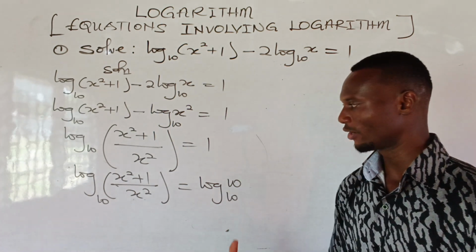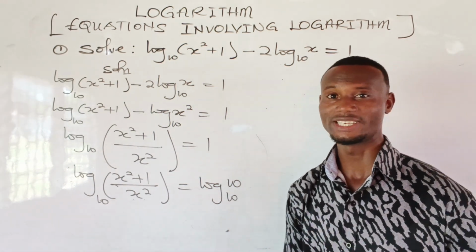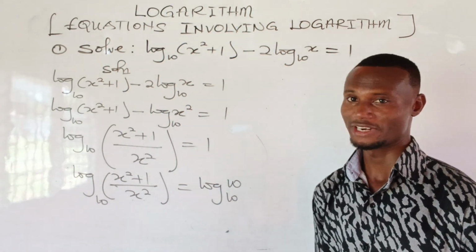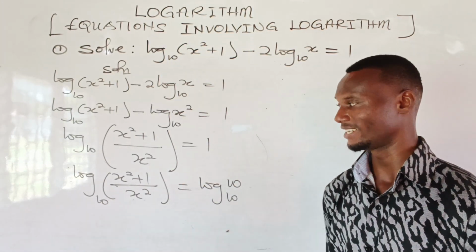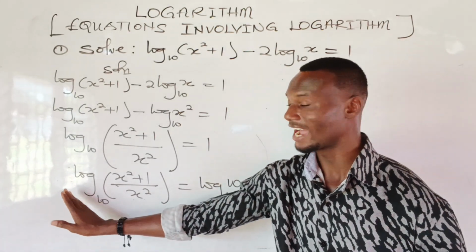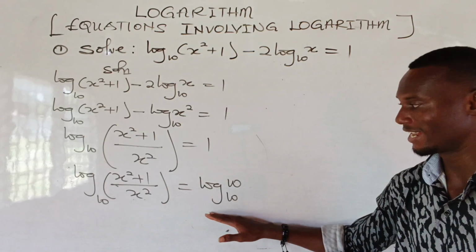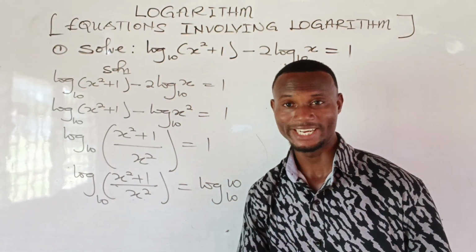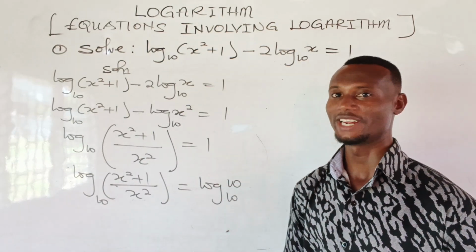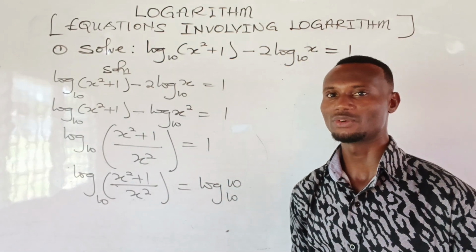Now, the next step is to get rid of the log inside so that we can proceed and solve further for the value of the s. We are solving for s inside this equation. You can see that I have log here and also another log here. So the only way to proceed is to get rid of the log inside. How do I do that?